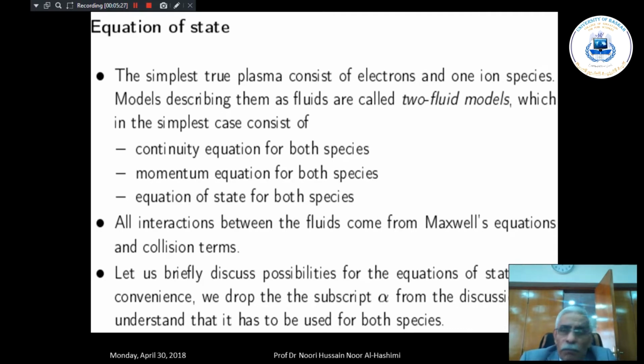Why two fluid? Because I have electrons and I have ions, so it is as if I have two species, one different from the other, so we call it two fluid models, which in the simplest case consists of continuity equation for both species, momentum equation for both species, equation of state for both species. Then I have continuity, I have momentum, and I have equation of state.